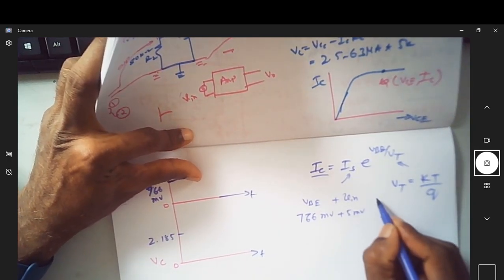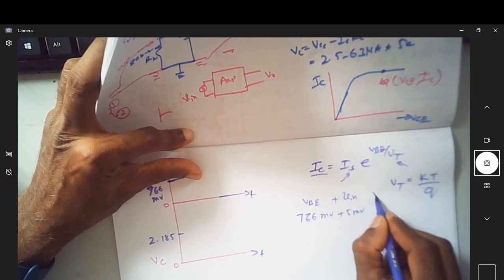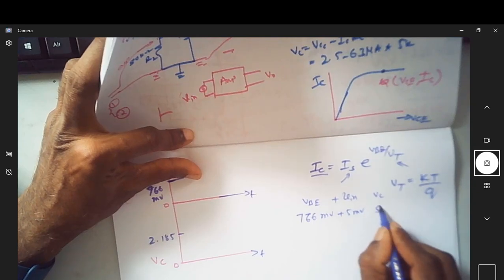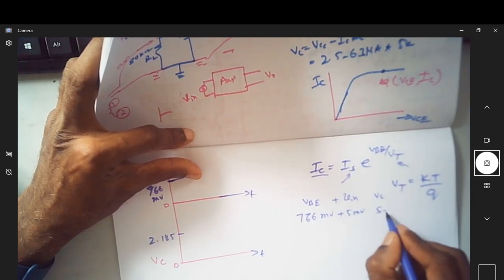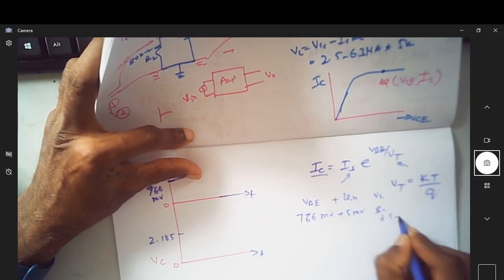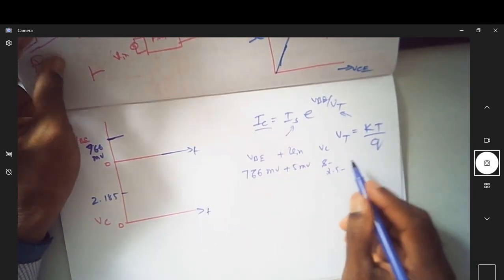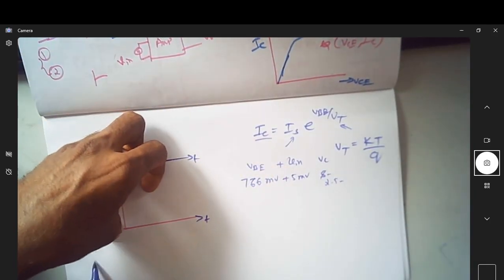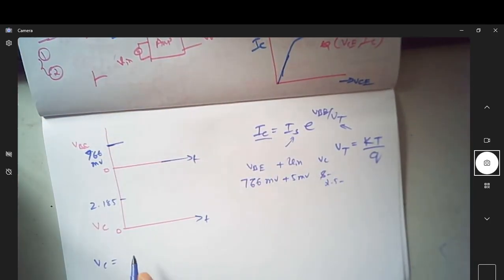So how much was my VC here? My VC was 2.5 minus, because VC is given by the equation VC is equal to VCC minus IC into RC.